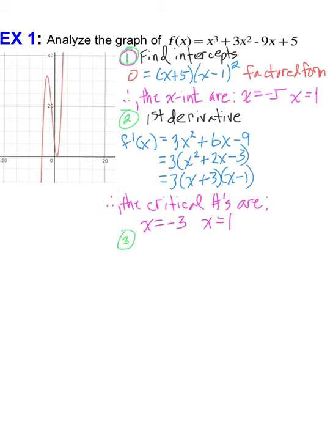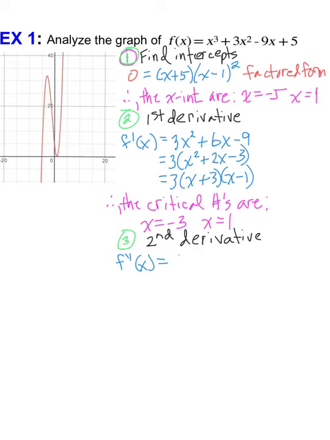So then the next thing that we are going to look for is the second derivative. Alrighty, so f double prime of x equals. Now to find the second derivative, remember I'm just taking this and looping the exponent down.